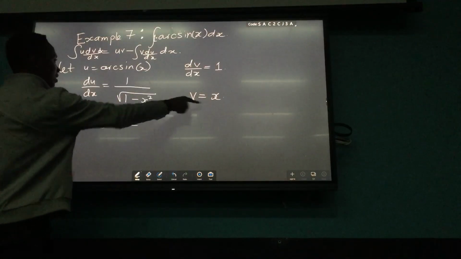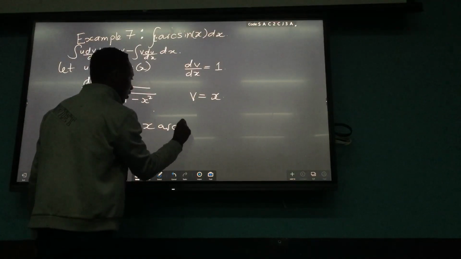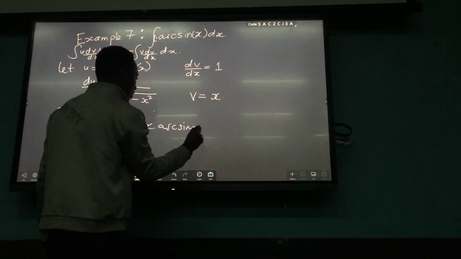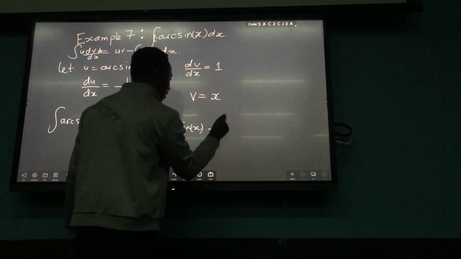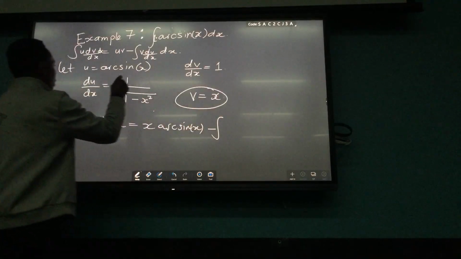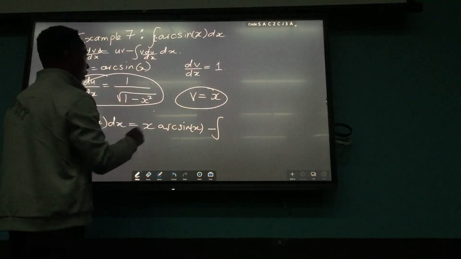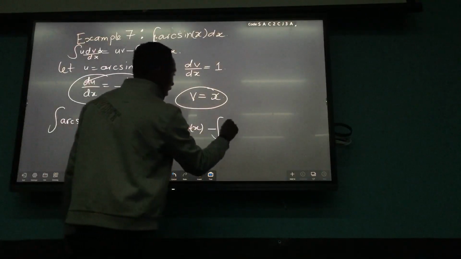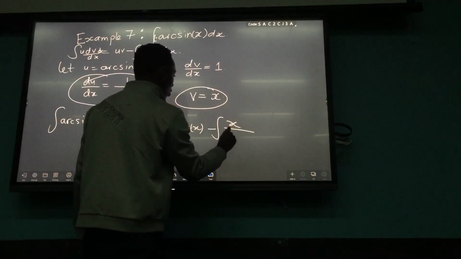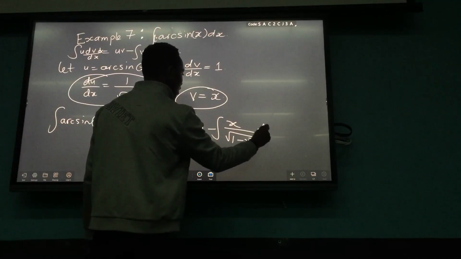It's going to be that multiplied by that, which is x arcsin of x, minus the integral of v, which is that one, du dx, which is that one. So if we multiply that with that, we get x over root of 1 minus x squared dx.